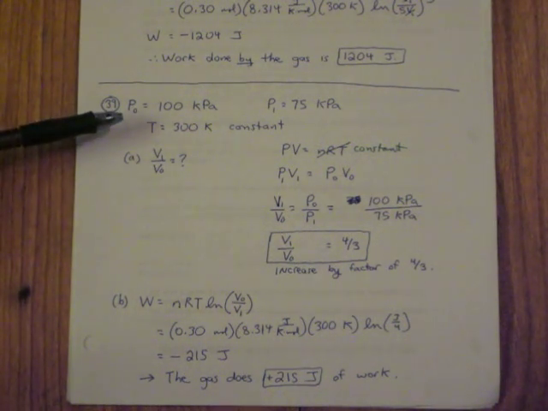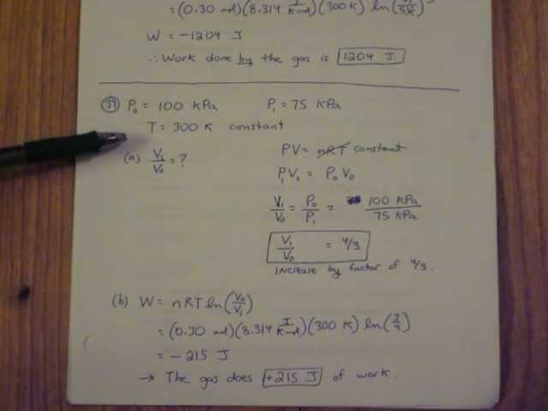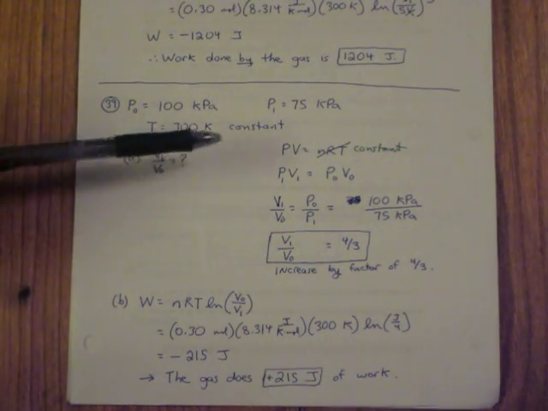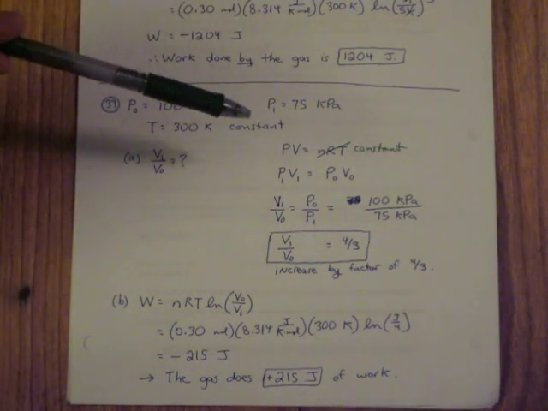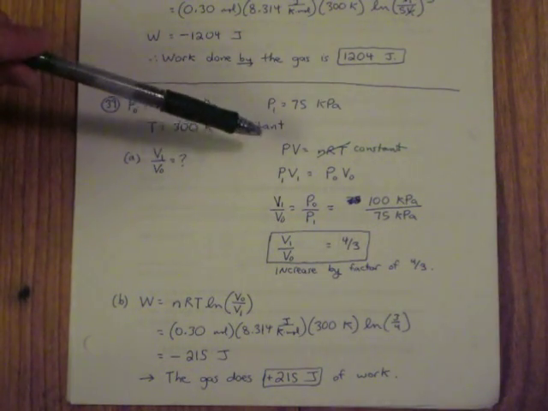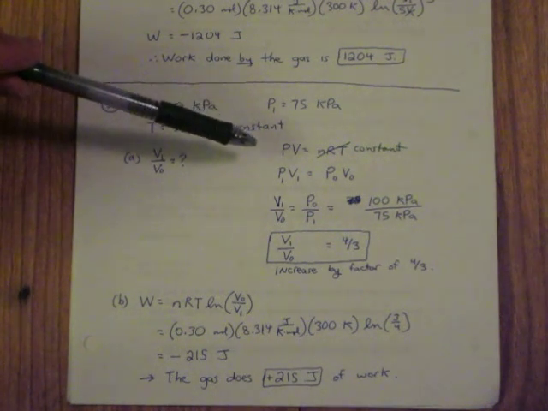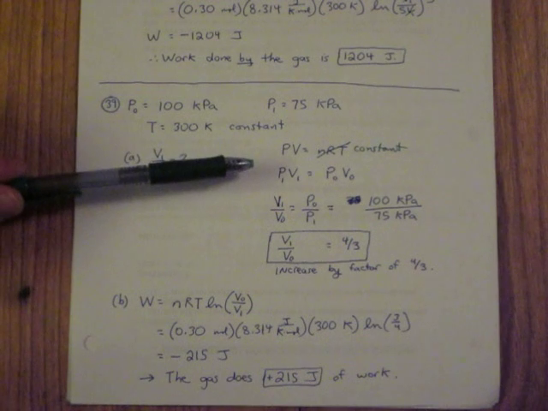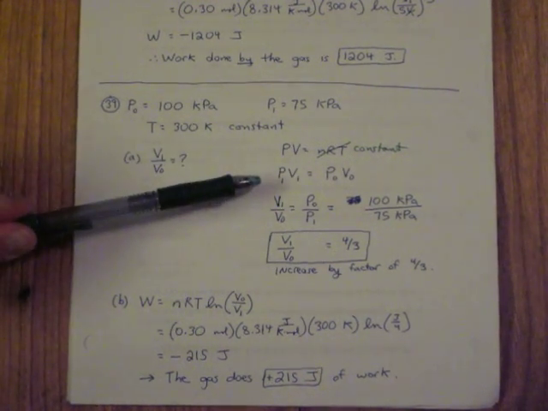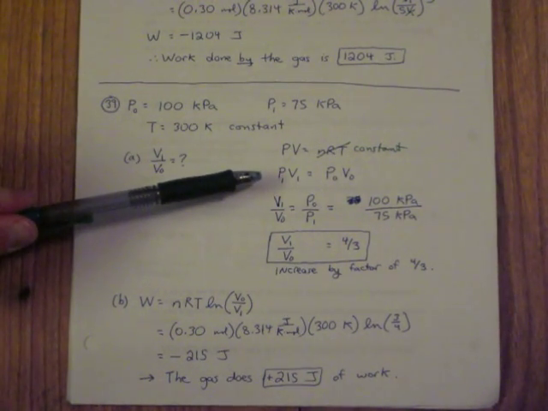Since we're dealing with a change in pressure, and we know what temperature is, let's go look at the ideal gas law. PV equals nRT. Something I taught you in an earlier chapter was to arrange the ideal gas law so that all the variables are on one side and the constants are on the other. So in this case, PV equals constant, which means P1 V1 equals P0 V0.